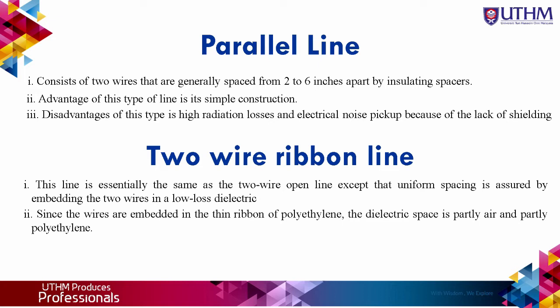So it is between these two types of wire line. There is a slight difference between these two, different in design and a little in function. So that's all from me.